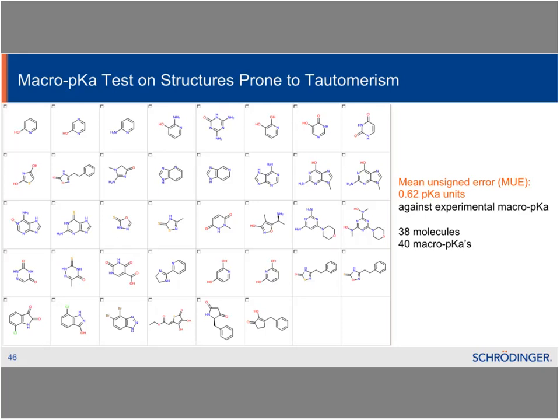They contain all these mobile hydrogens that can jump around these nitrogens, oxygens, sulfurs, and the dominant tautomer is not always certain here. So these structures are complicated and would be very hard to treat with the regular Jaguar pKa approach. On these structures, we got 0.62 mean unsigned error in pKa units, and I believe this is a good result.